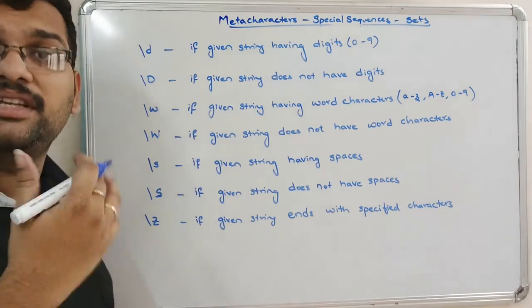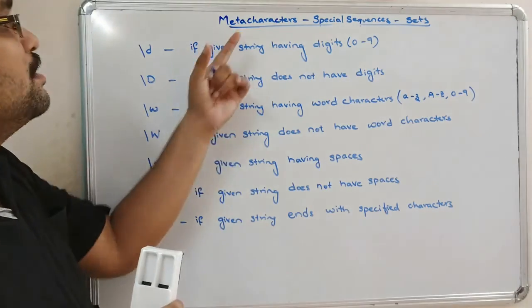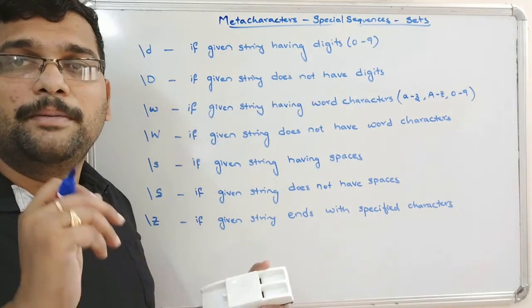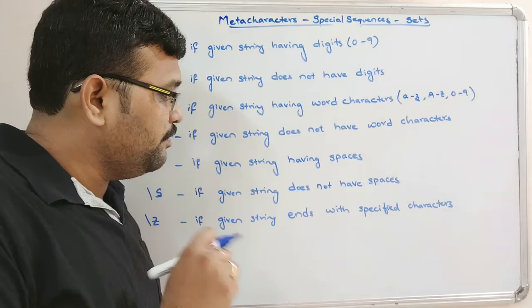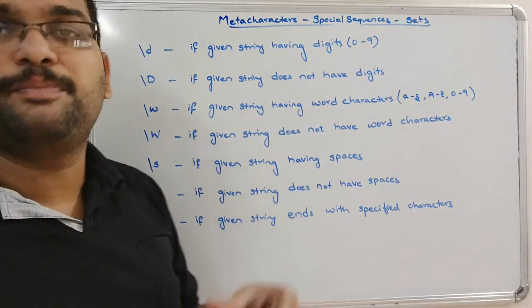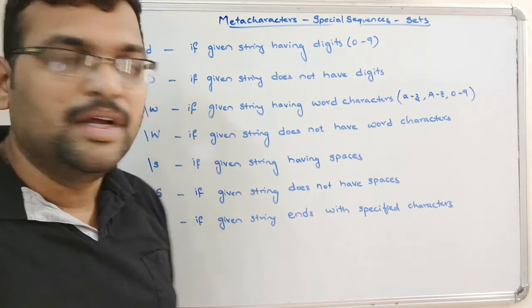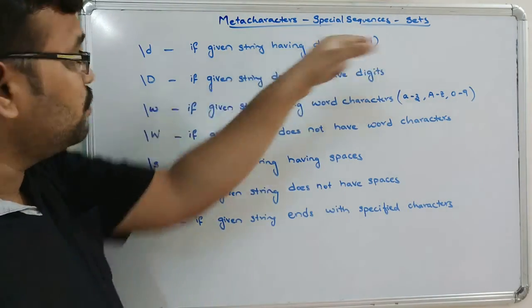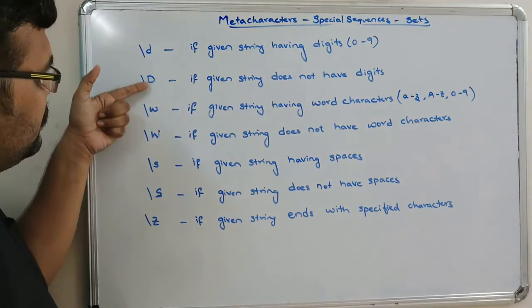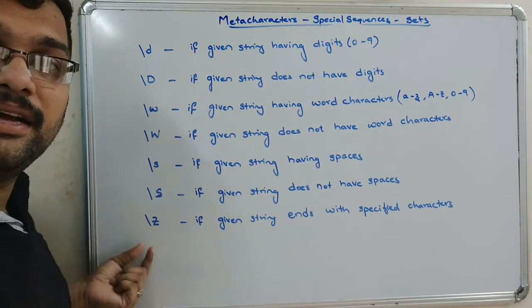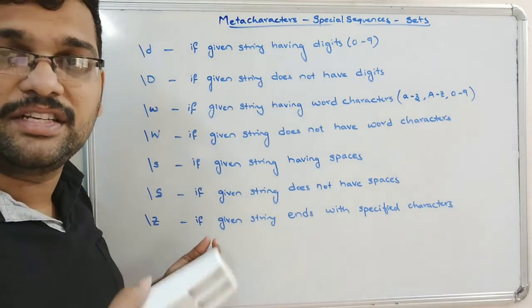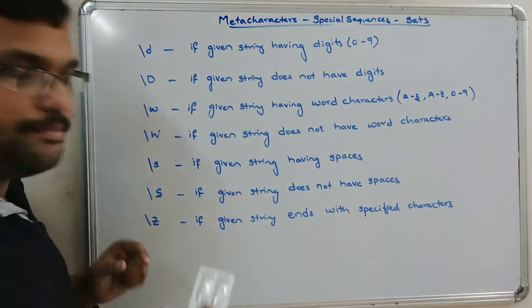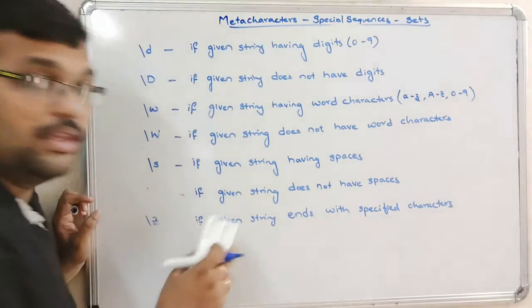So which we have seen in the dollar symbol also. In the meta characters, we have seen the dollar symbol. So the dollar symbol is also used to match whether the string will be ending with the given specified characters or not. Okay, so these are all the special sequences. So you have to write these things in the search function or a find all function, right? So next, sets. Hope you understood all these things.